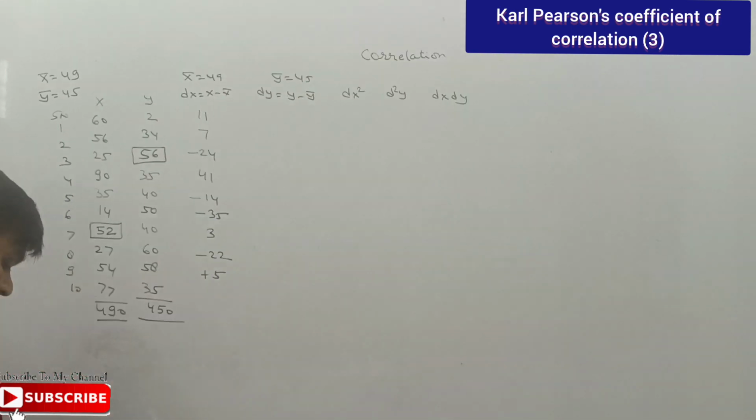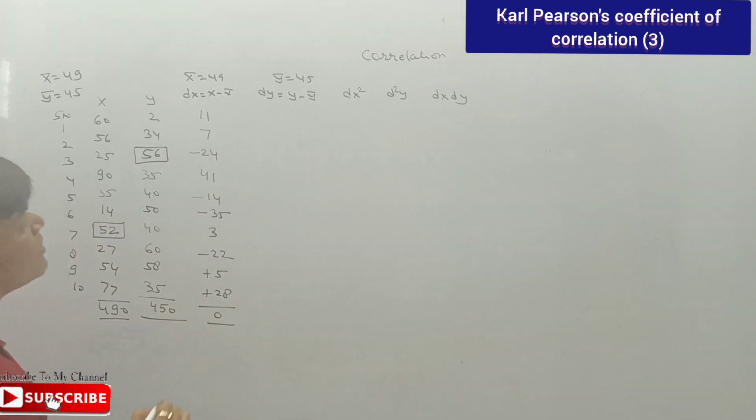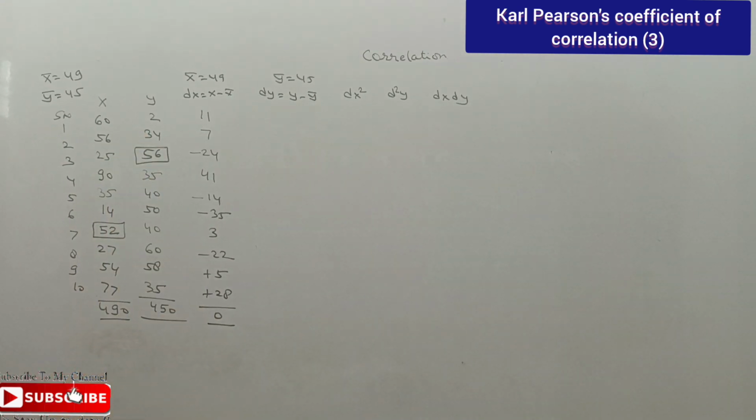And 77 minus 49 is plus 28. So the total will be 0, because it is taken from the actual arithmetic mean.